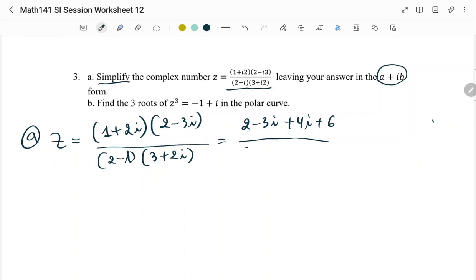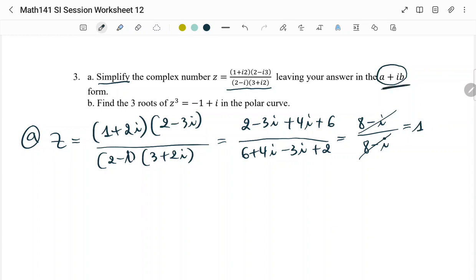In the denominator we have 6 plus 4i minus 3i minus 2i squared, which is just plus 2. Numerator will have 8 minus i. Denominator you'll have 8 minus i as well, which if you simplify you'll find just gives you 1.